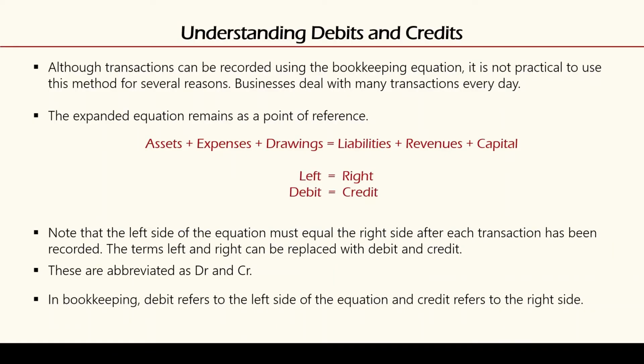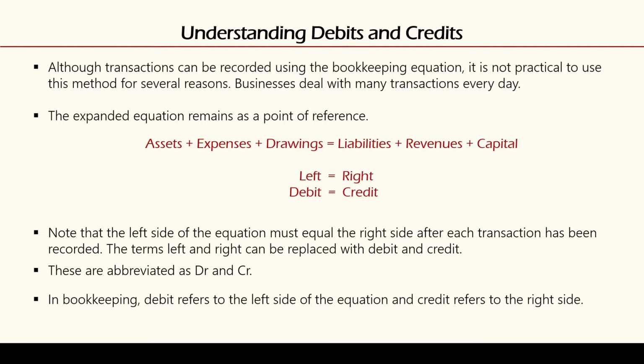All right, so understanding debits and credits. Although transactions can be recorded using the bookkeeping equation, it is not practical to use this method for several reasons. One of the reasons is businesses deal with many transactions every day. The expanded equation remains as a point of reference.